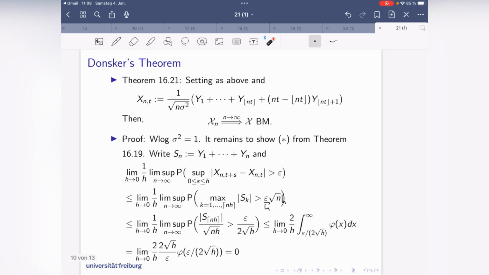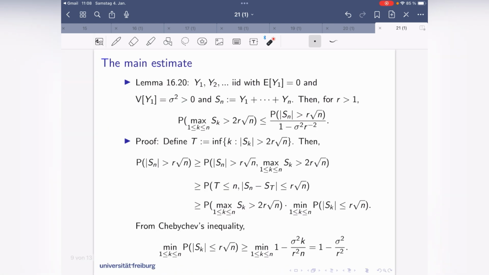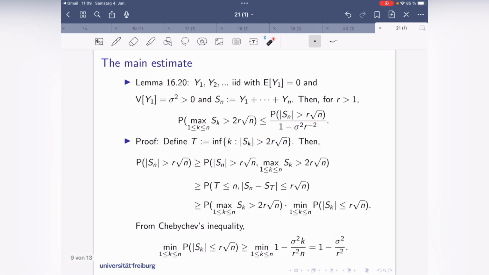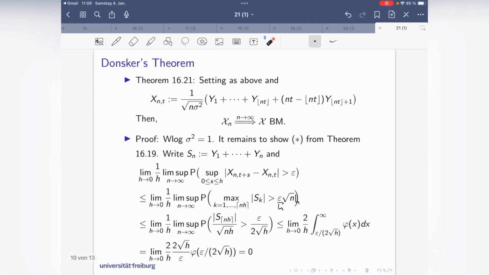So I have 1 minus r to the power minus 2. But the r here is epsilon divided by h, so h squared divided by epsilon squared. But epsilon is fixed and h goes to 0, which means the denominator vanishes.